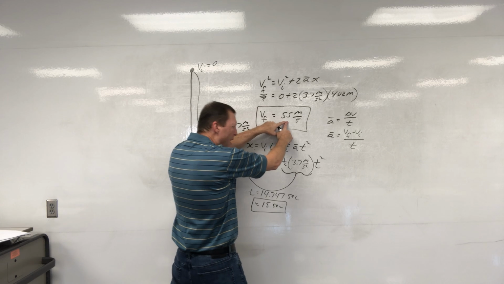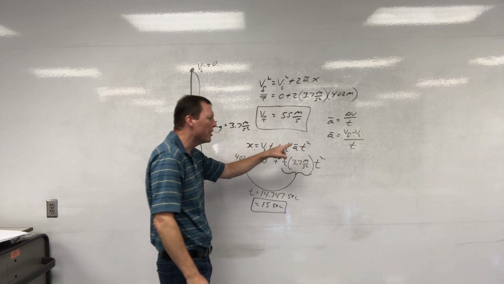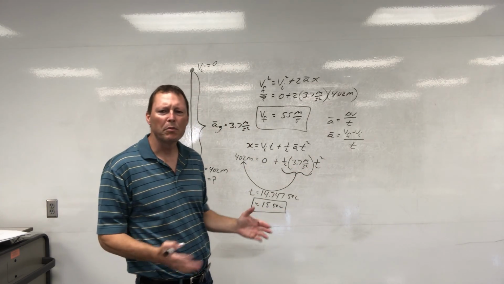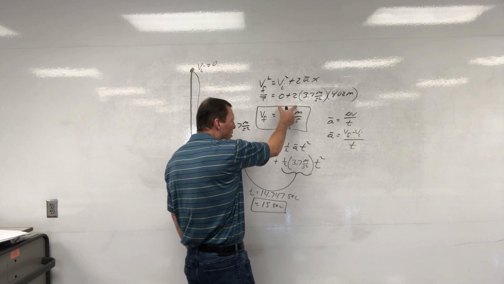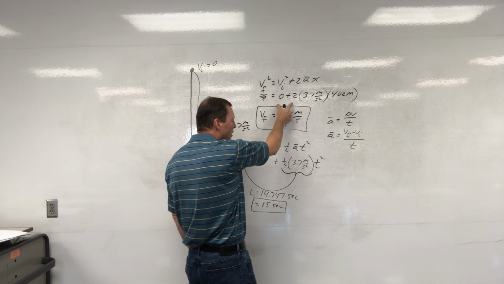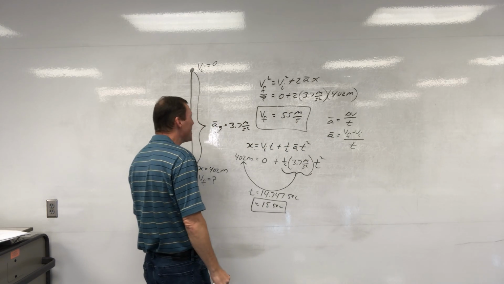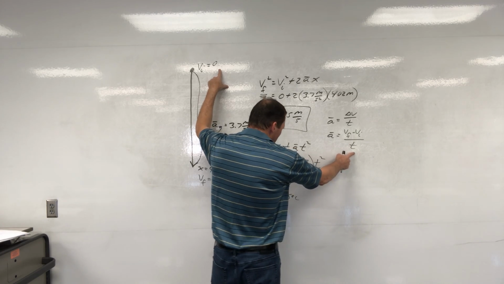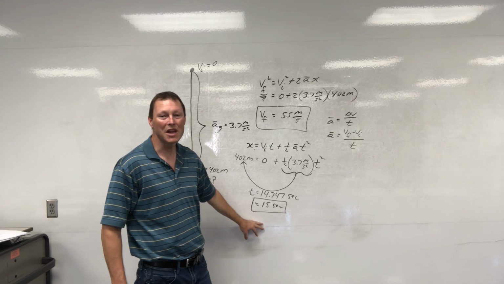And try to use your unrounded off number there. Don't put in a rounded off number and then round off again. You'll get further away from what the actual answer is. So always take your unrounded off number, whatever number I had before I rounded it, and stick that in there. So in a sense, I have the final velocity, the initial was 0, and I can go ahead and solve for time. And when you solve, you should get the same number.